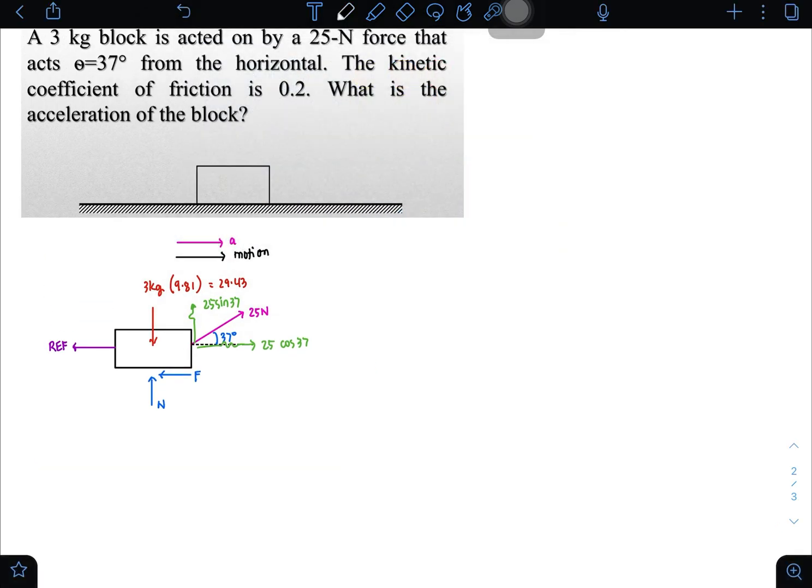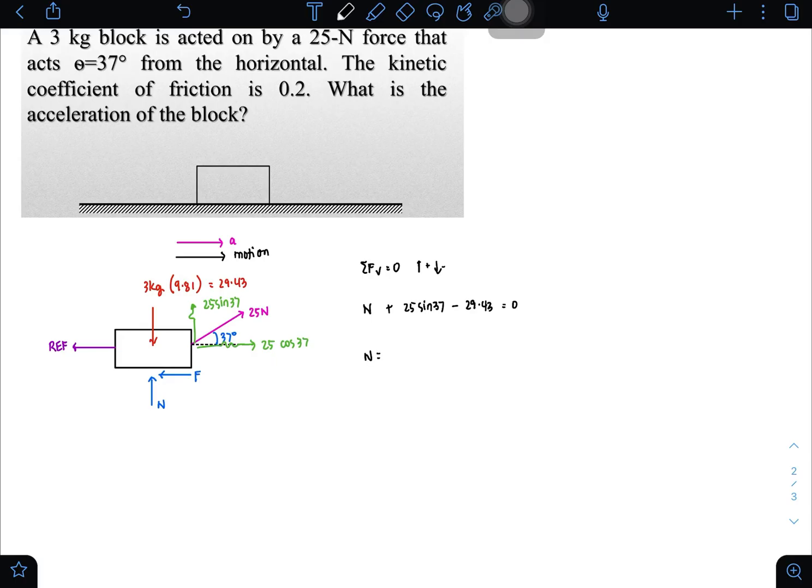Summation of forces vertical equal to 0, upward positive, downward negative. So we have the normal force plus 25 sine of 37, minus the 3 kilogram weight, which is equivalent to 29.43 newtons, and that's equal to 0.